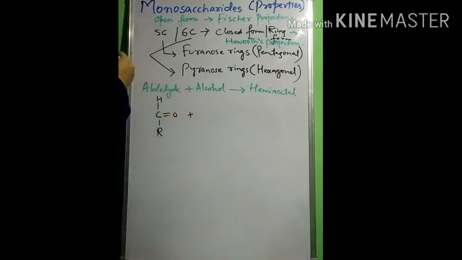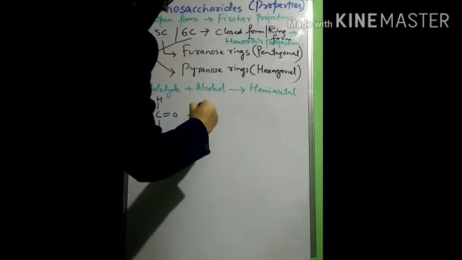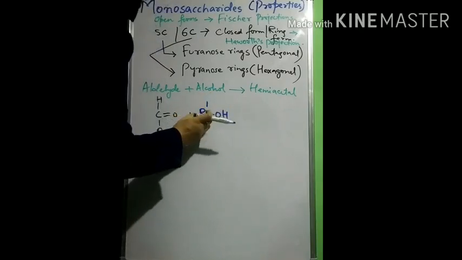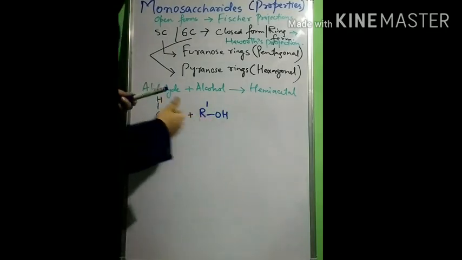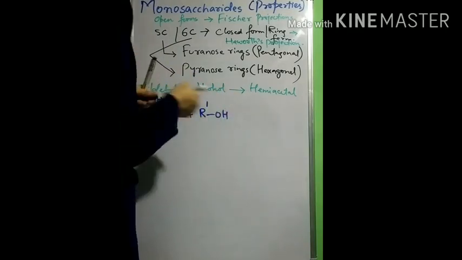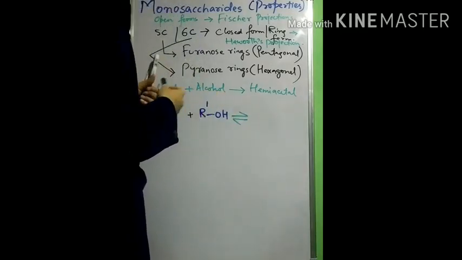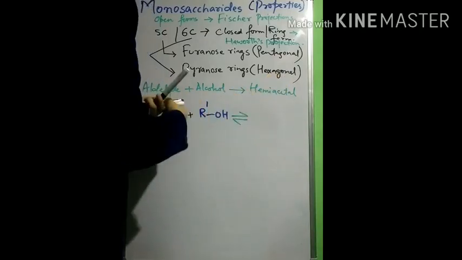Now to this aldehyde, we'll make it react with an alcohol. Let us make a representative alcohol. I will write down R'-OH. I have a dash over here so that there will be a distinction between this chain and this chain. So these two will react. In aqueous medium, they react, and they result in the formation of a hemiacetal, which looks like this. Hemiacetal looks like this.